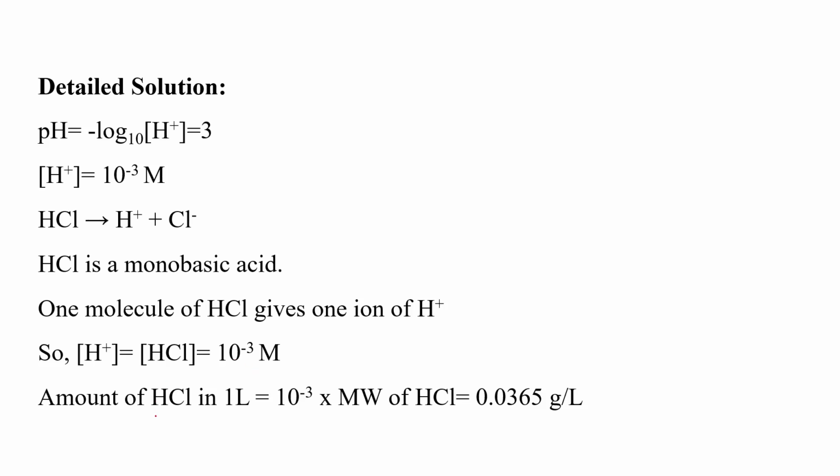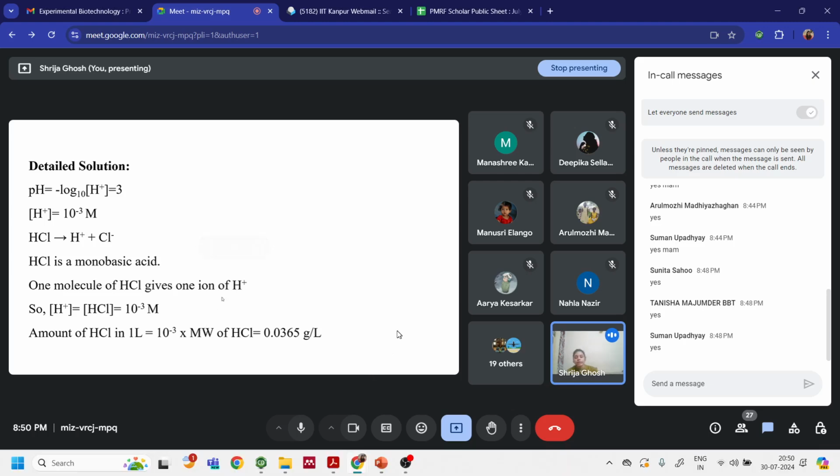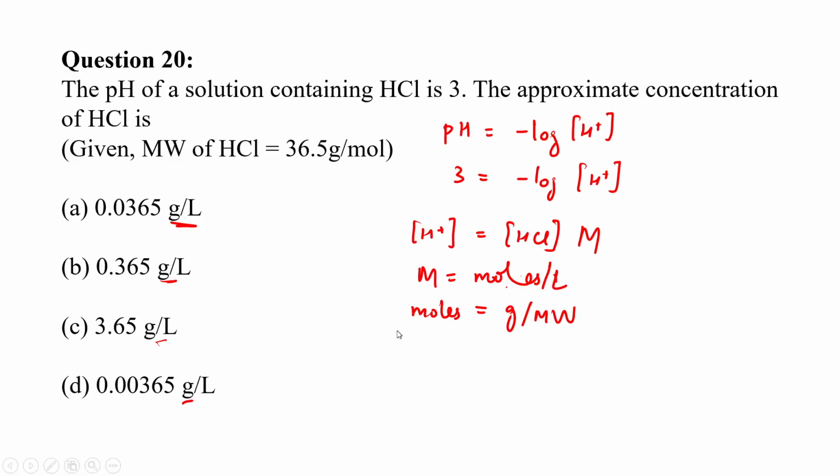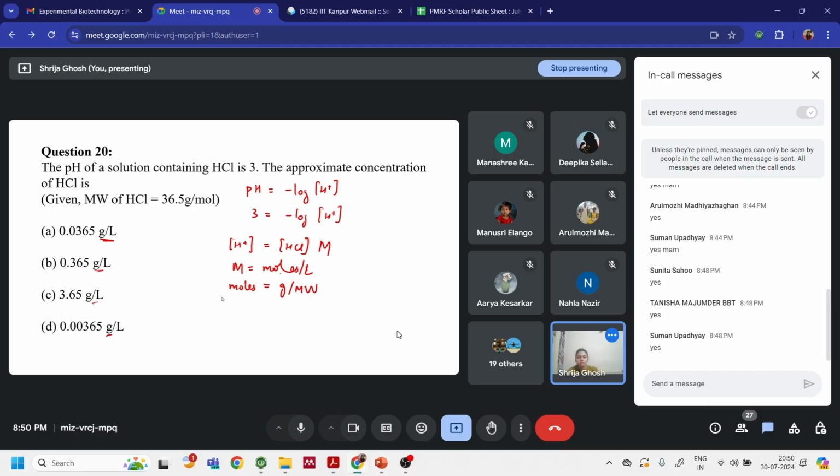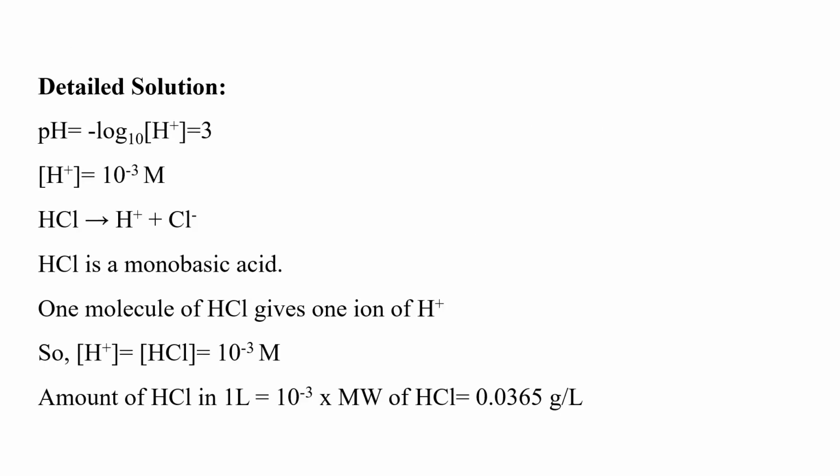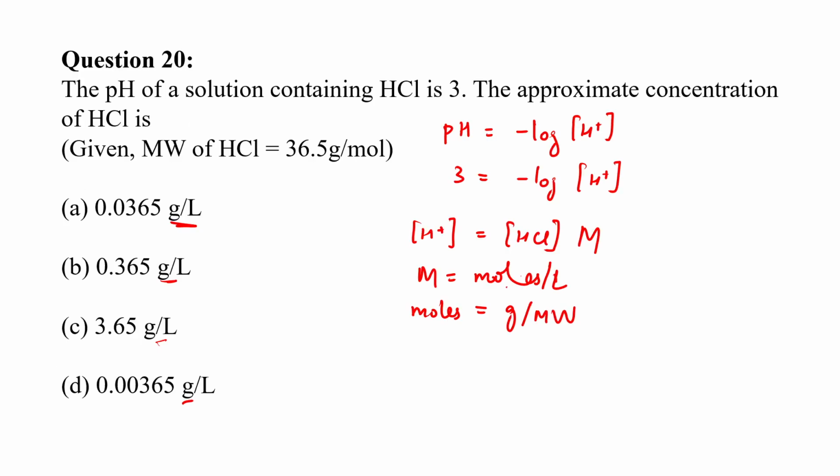Now the amount of HCl in 1 liter will be 10 raised to power minus 3 molar into the molecular weight, that is 36.5 into 10 raised to power minus 3. That will give you the answer as 0.0365 grams per liter. Okay, this is clear to everyone. Option A is the correct answer.